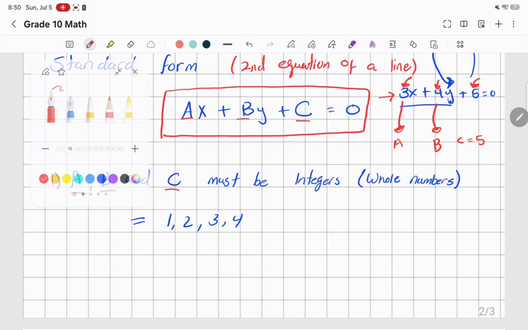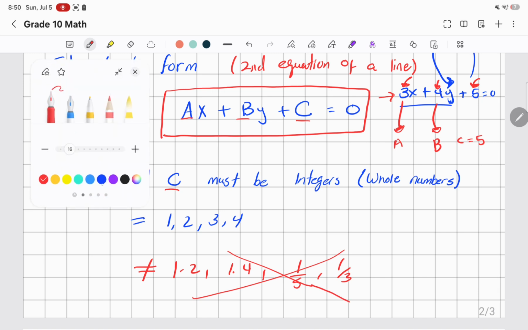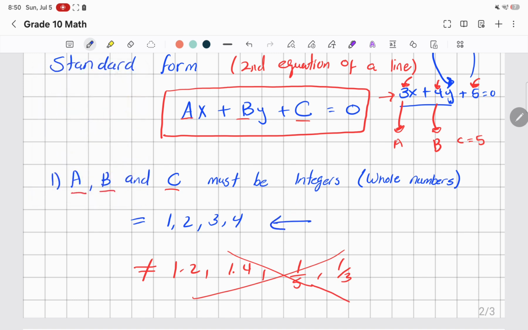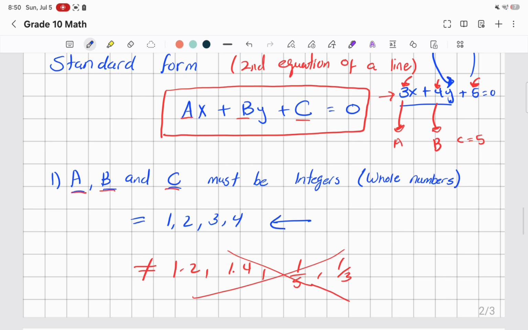So they cannot be decimals or fractions. They have to be whole numbers. That's the coefficients a, b, and c. Okay, that's the first rule, integers. The second rule is a needs to be positive. This a here needs to be positive.